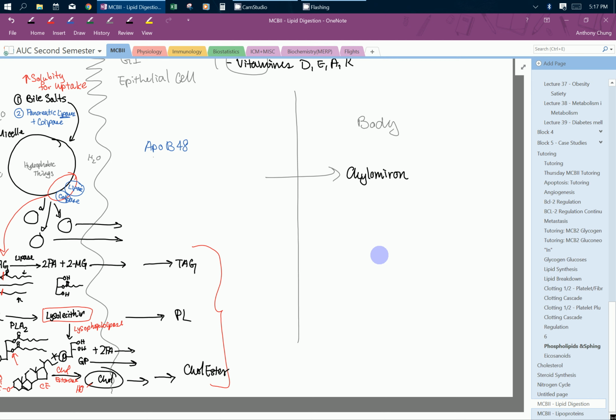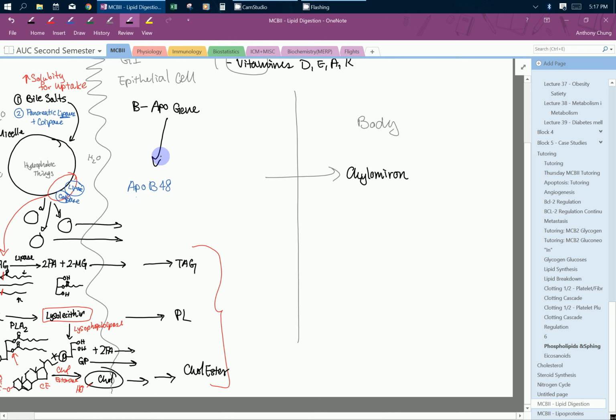So in your epithelial cell, you want to make the ApoB48. And where the ApoB48 comes from is, I think, the apoB gene. And this one gets made into ApoB48.